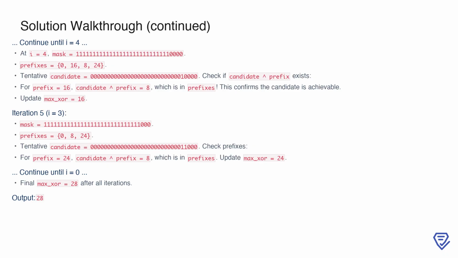In the next iteration, with i equal to 3, the mask is updated, and the set of prefixes becomes 0, 8, 24. The tentative candidate is computed, and this time, for prefix equals 24, we find that the candidate is in the prefixes set.